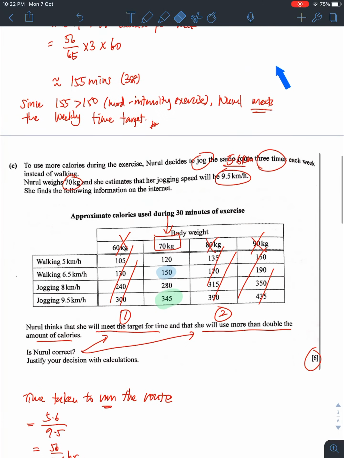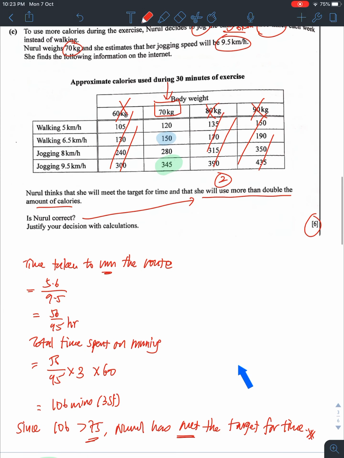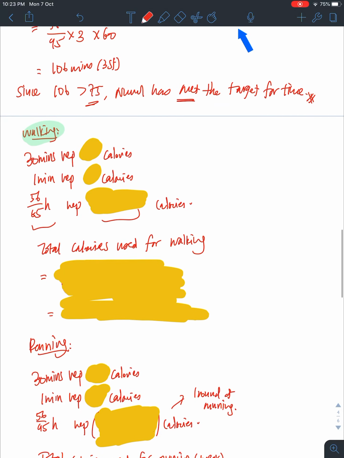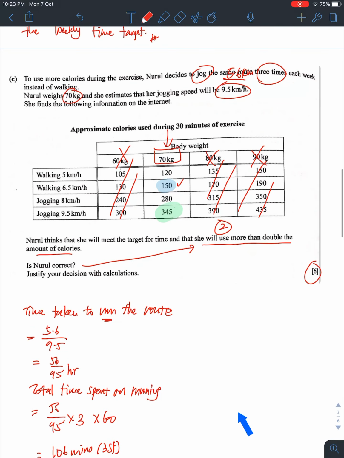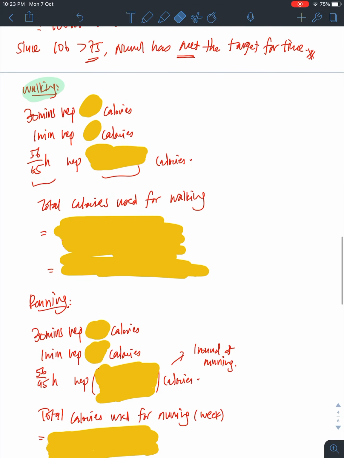Now let's do the last part. Let's settle the part on calories. Let me rub this away. For the calories, let's calculate how many calories she would use if she walks. For walking, 30 minutes represent 150 calories, so clearly 1 minute represents 5 calories.